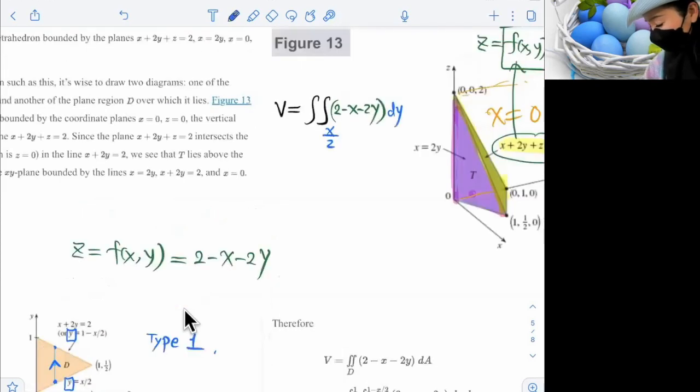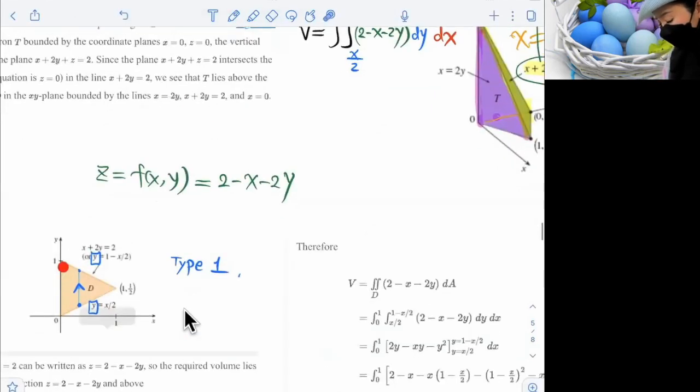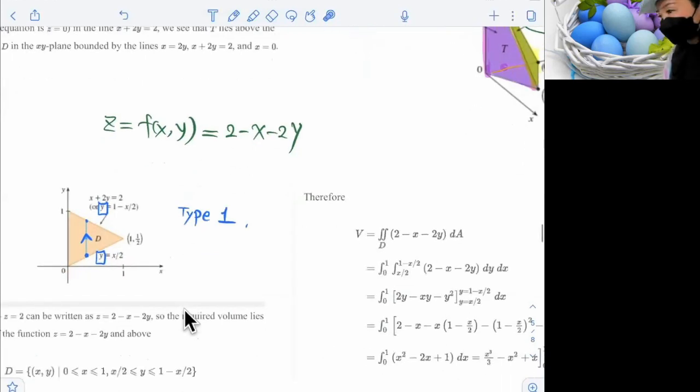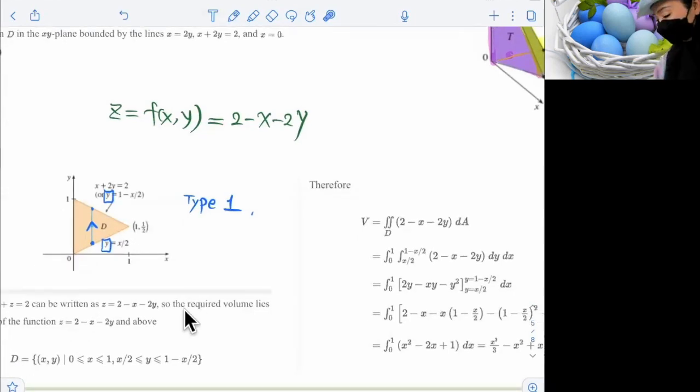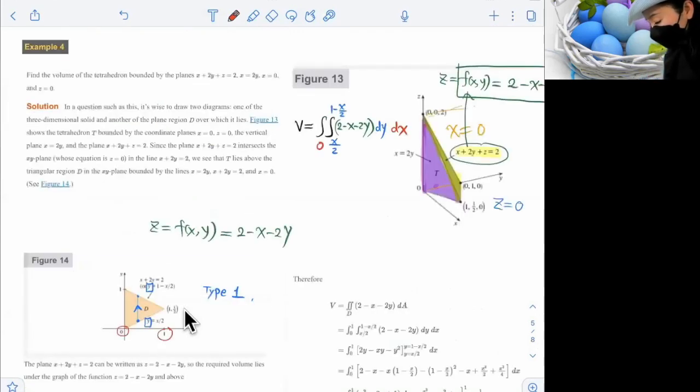So that's the y range. And then after that, let's integrate with respect to x. Looking at this region, x goes from what to what? Am I going too fast? Okay, 0 to 1, right? X goes from 0 to 1. And you guys just set up the integral.